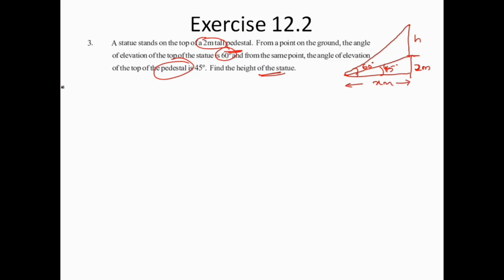So I'm writing the given data. Given data is height of pedestal, that is equal to 2 meters, isn't it? Now the height of this statue, whatever statue I am taking, that is h. The angles of elevation are also given over there.